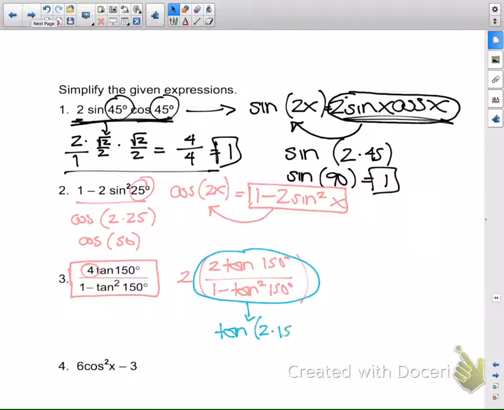So then I just keep that 2 that I factored out front, and we're going to multiply it by our answer. So this is actually asking me for the tangent at what number? 300. At 300. So I can go to my unit circle chart. I can find the tangent at 300. Okay, which would give me what?